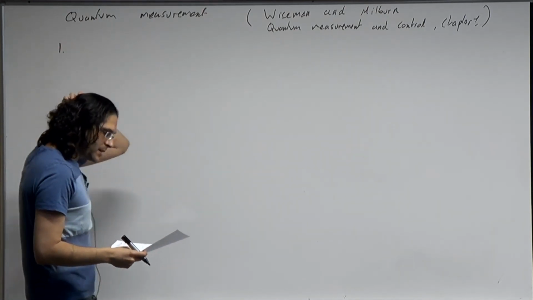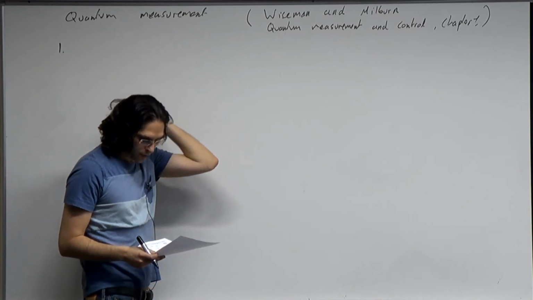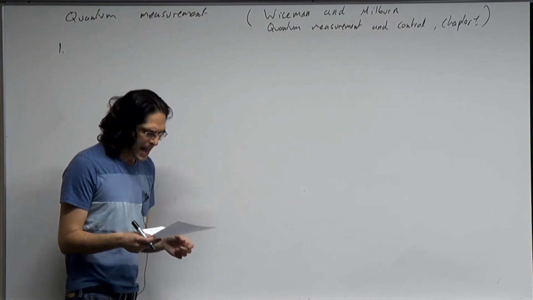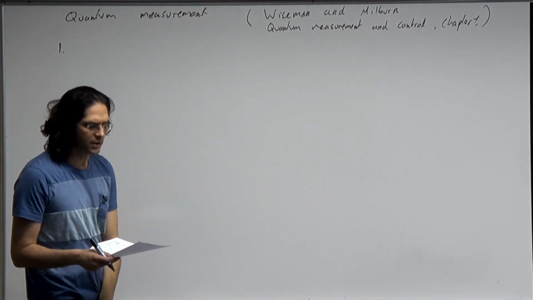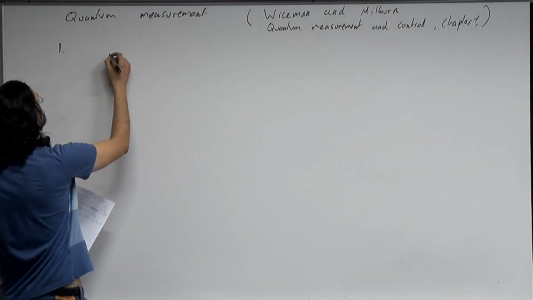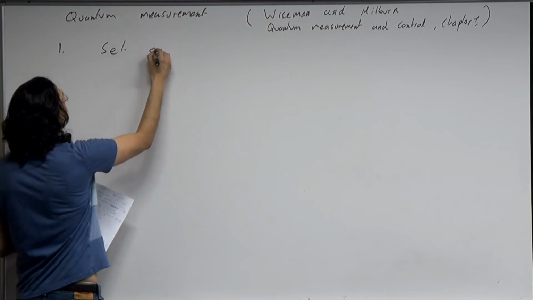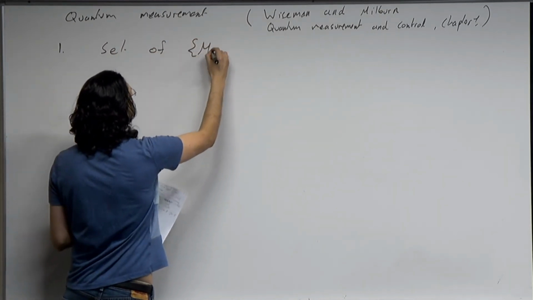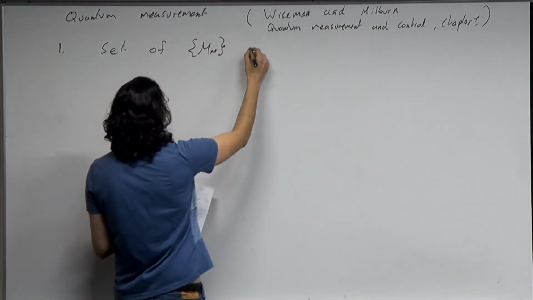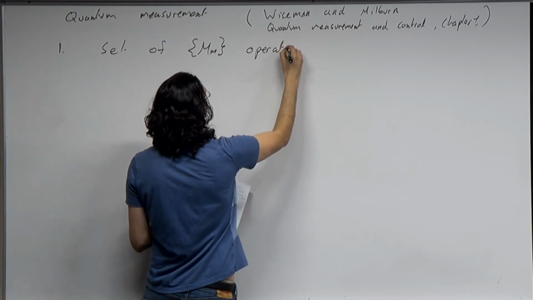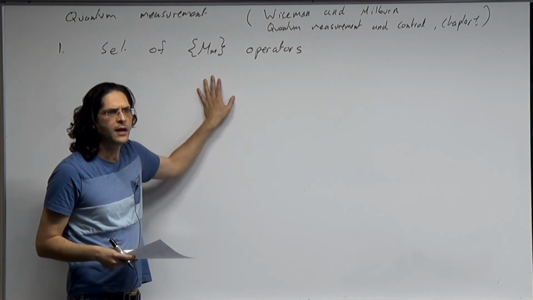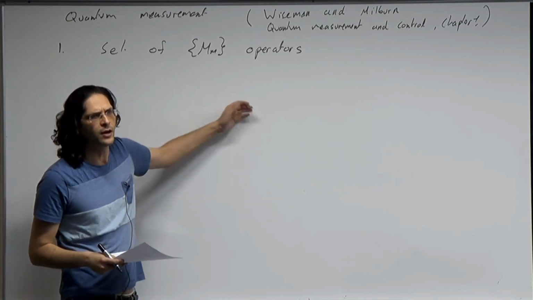Okay. So quantum measurement, I assume you've all taken a quantum class and you've all seen measurements and you've all seen projective measurements. And I think some of you may have seen the more general definition of a measurement, which basically means that we have some set of operators M. Okay, so I'm going to give the general definition of a measurement, and then I will show you how projective measurements are a subset of this.